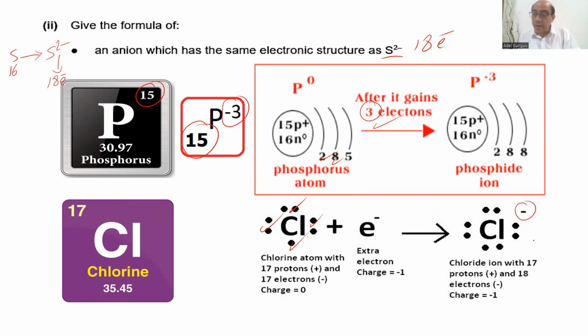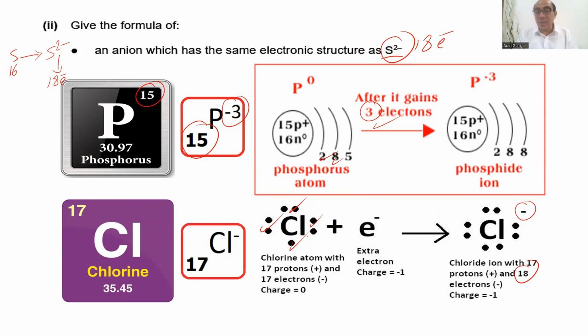So the total number of electrons now equals 18, like the sulfide ion. So here are two answers: sulfide ion looks similar to phosphide ion or chloride ion.